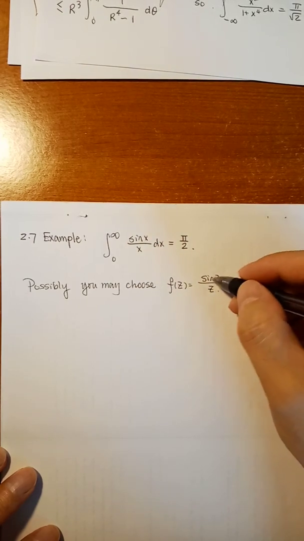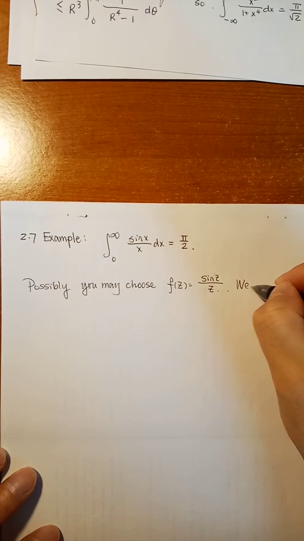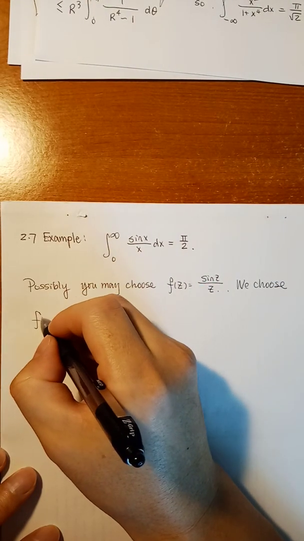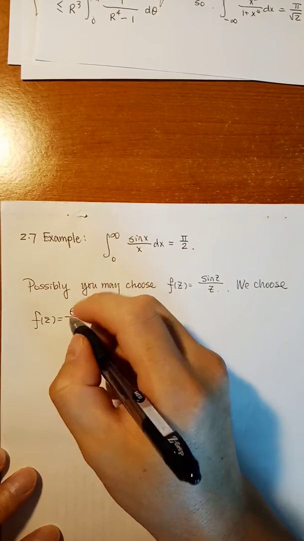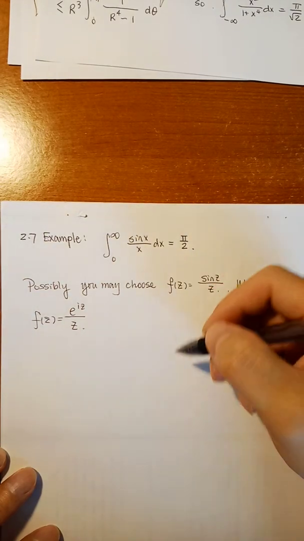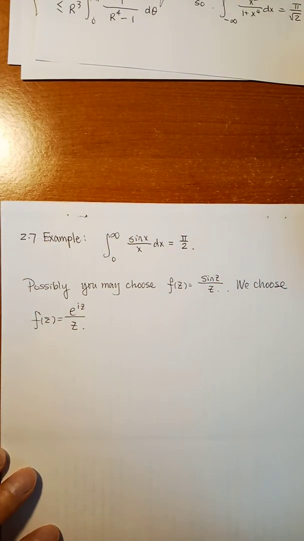Instead of choosing sine z over z, we choose f of z equal to e to iz over z, right? So we're going to choose this one. This one is a little bit better.